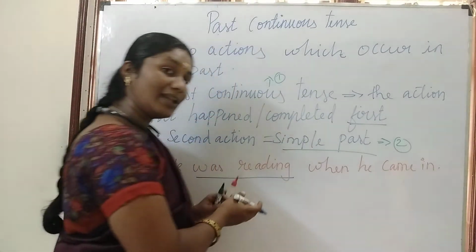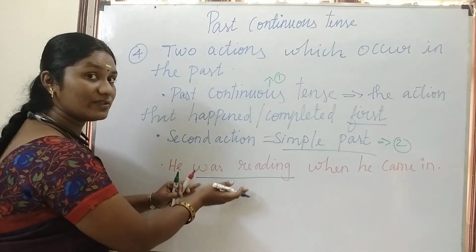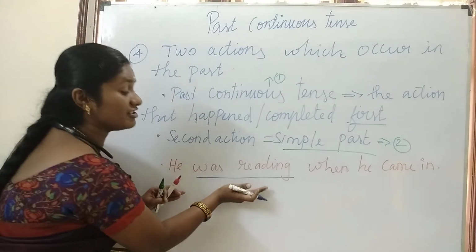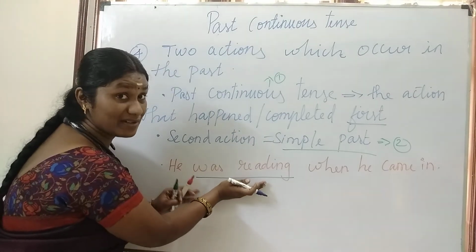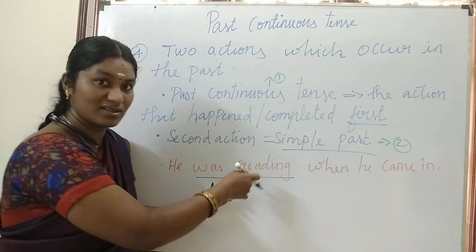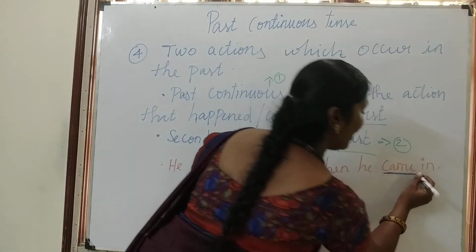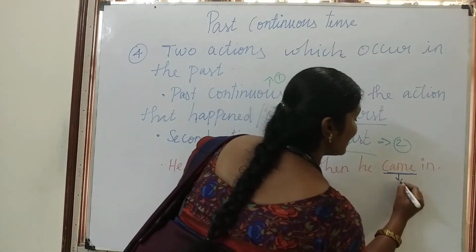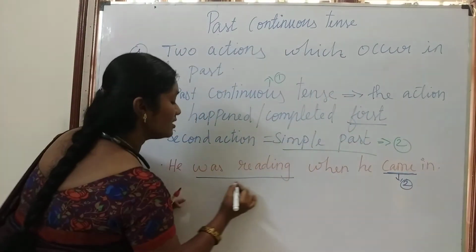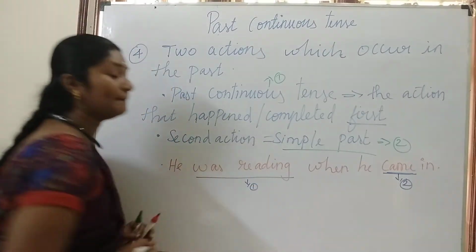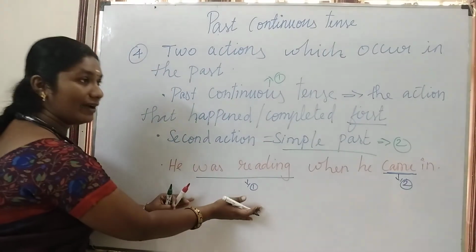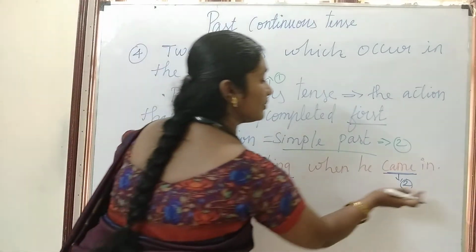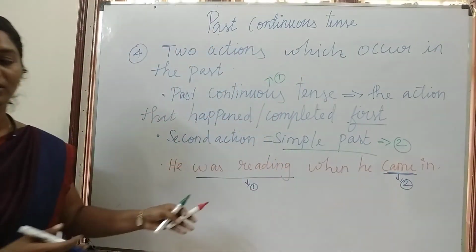He was reading. This was the action that happened continuously. That means the first completed action was reading. But this action was interrupted when he came in. So "came" is the second action. So this longer action, the first action, was interrupted by the shorter action "came".